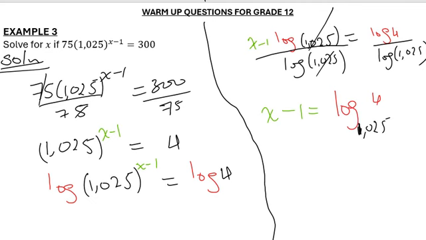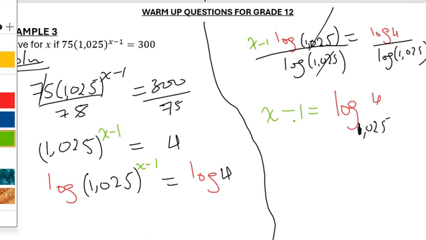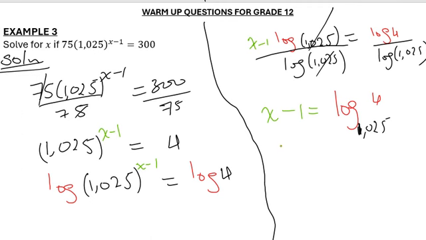Then now I am solving for x. I need to take this minus 1 to the other side. So I will have x equal to log 4 base 1.025 plus 1.